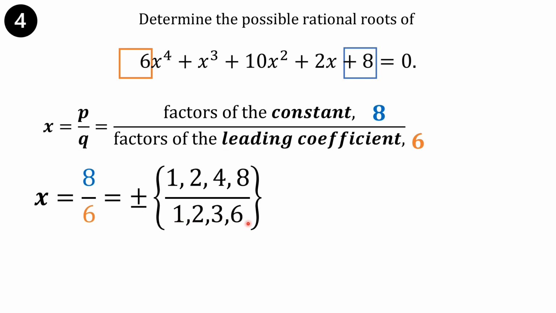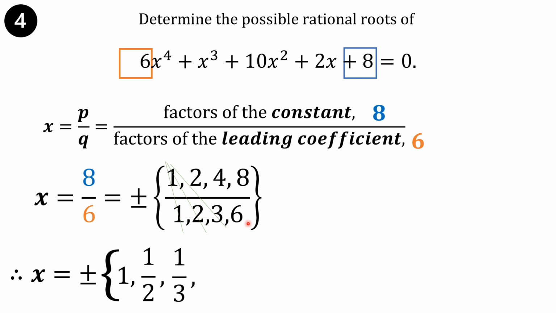Now let's get the lowest terms of these factors. Therefore, x is equal to positive, negative 1 over 1 is 1, 1 over 2 is 1/2, 1 over 3 is 1/3, 1 over 6 is 1/6, then 2 over 1 is 2, 2 over 2 is 1, no need to write it again and count it.